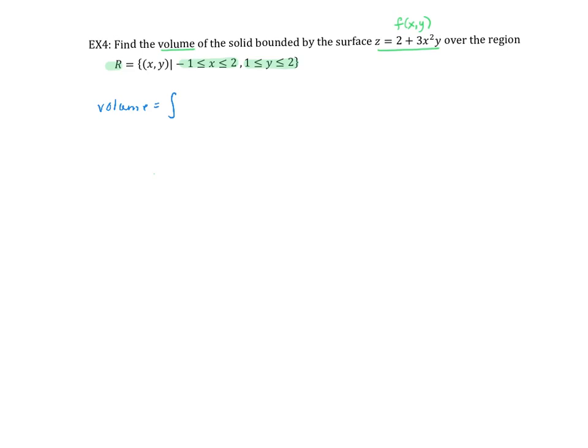If y is on the outside, then the outer limits would be from 1 to 2. The inner limits would be negative 1 to 2 for the x. The integrand is 2 plus 3x squared y. And I'm going to go dx dy. So this volume, outside integral remains the same.